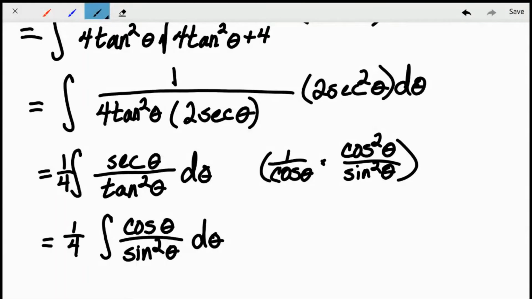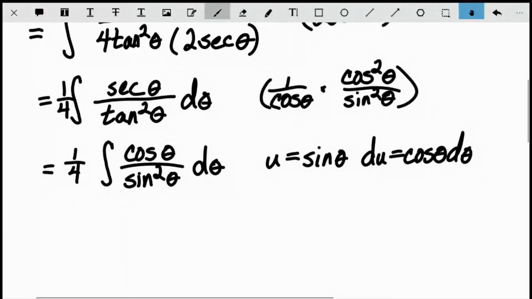At this point, I've got to think about how I'm going to go about solving this. If you look at the denominator, it's a sine, and in the numerator I have cosine theta d theta. So I can actually do a u substitution now. I'm going to do a second substitution on this problem and say u is sine theta. That means my du would be cosine theta d theta.